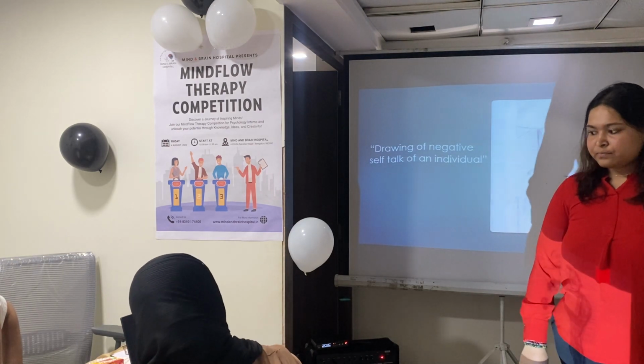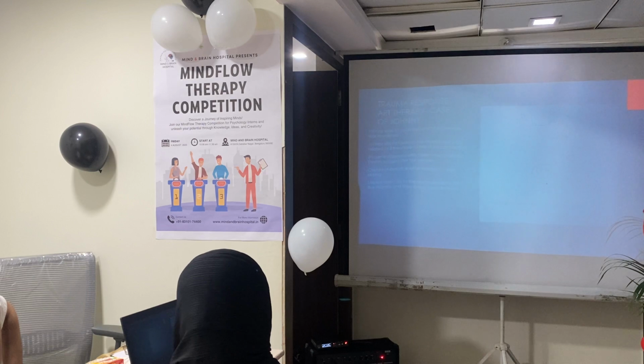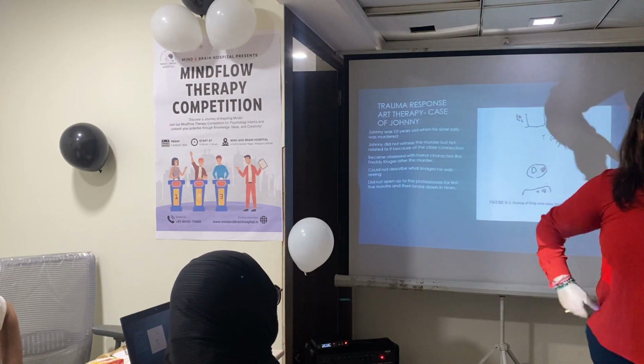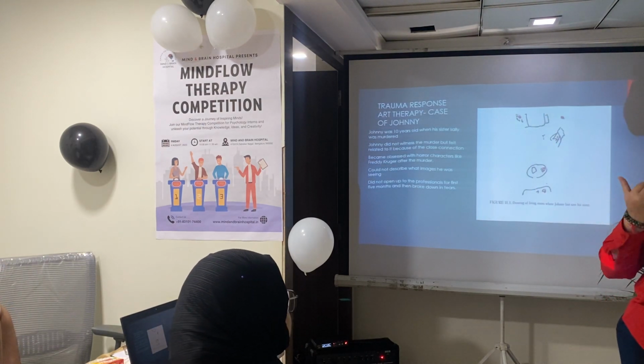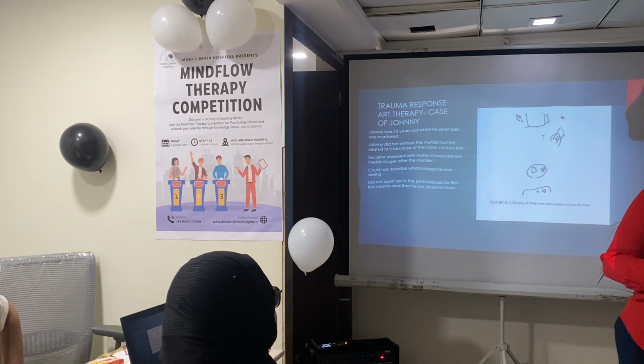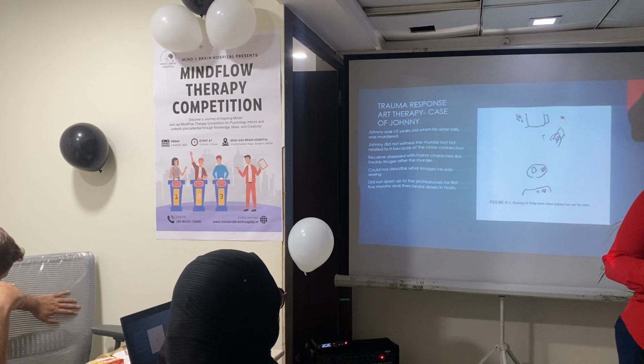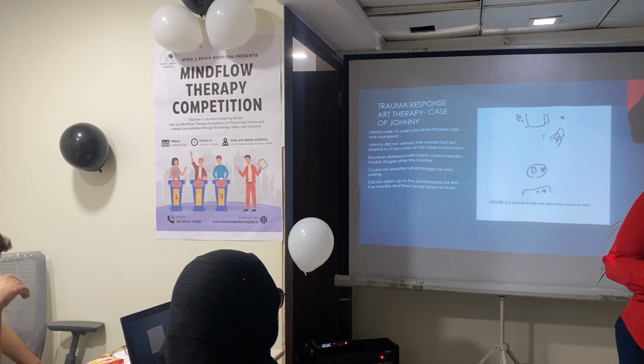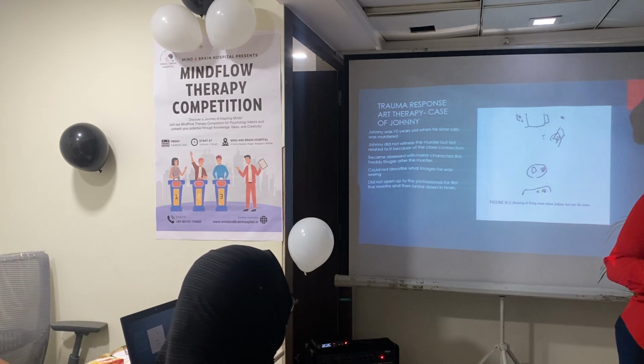Next one. Okay. So this is the case study of Johnny. He was a 10-year-old when his sister was brutally murdered by a serial killer, and apparently the serial killer broke into the house when his sister and her boyfriend were there.